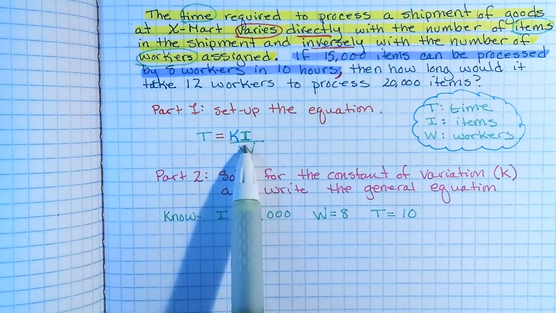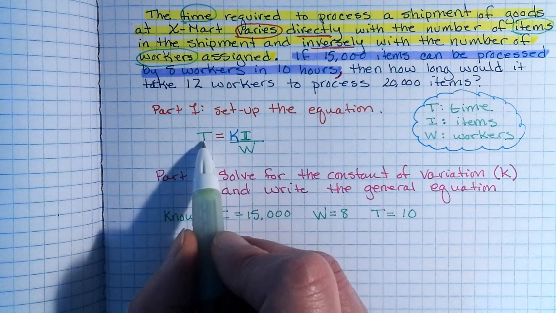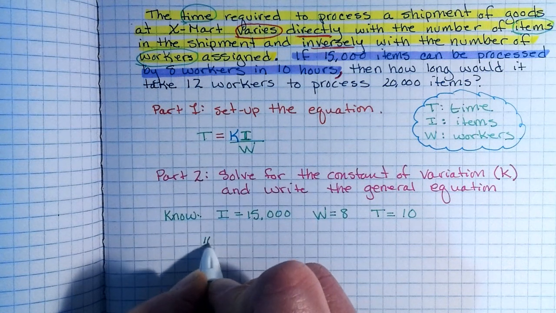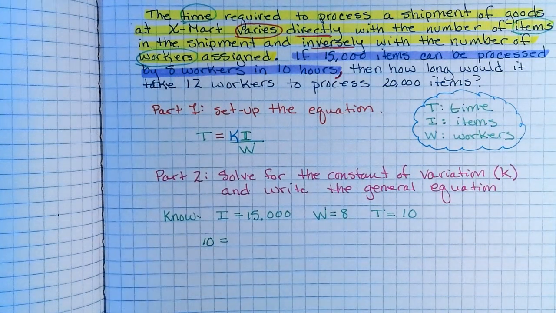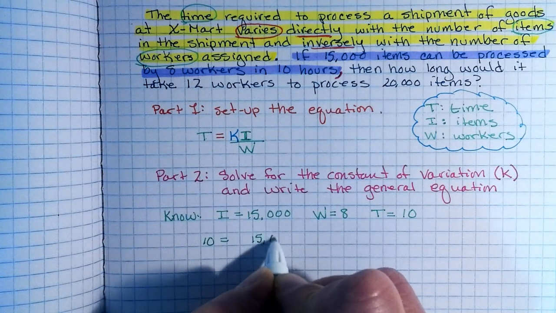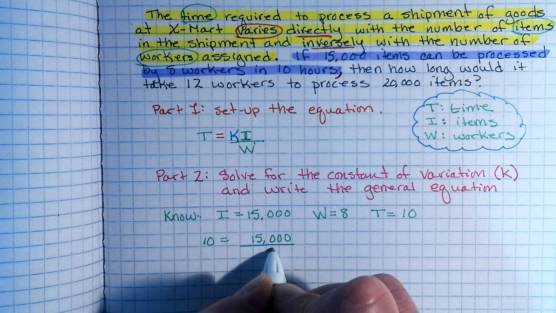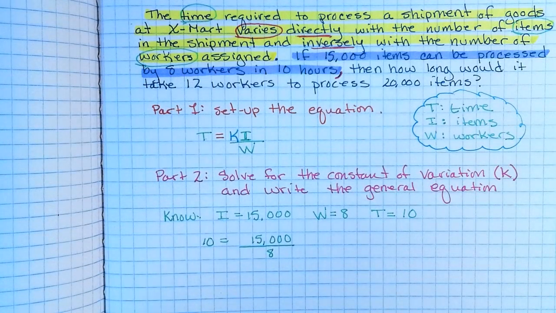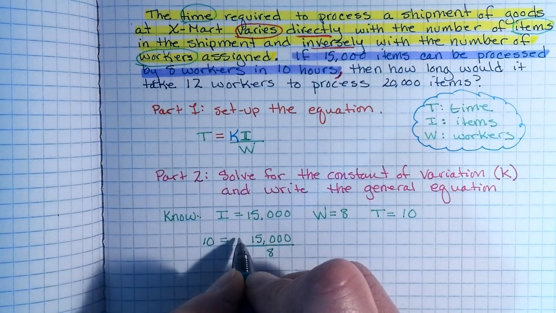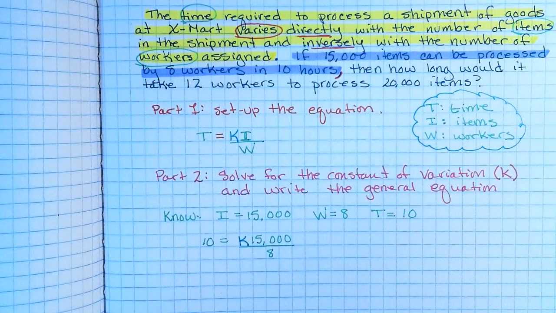Okay, I have my equation, so let's plug everything in. T is 10, so this is going to be 10 equals, and then my I is 15,000, and my W is 8. And then all I have to do is solve for my constant of variation K.